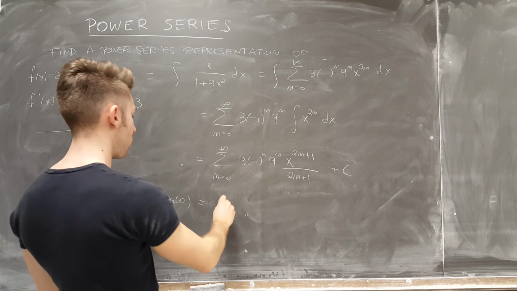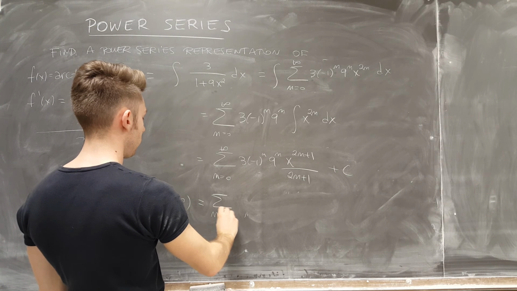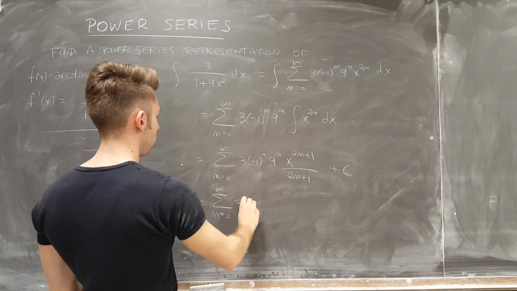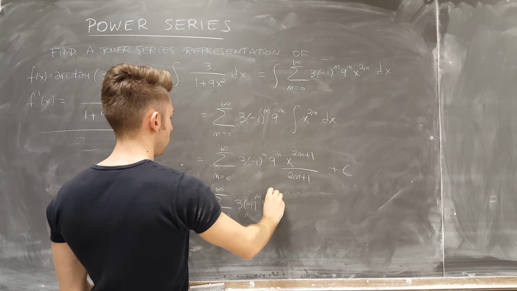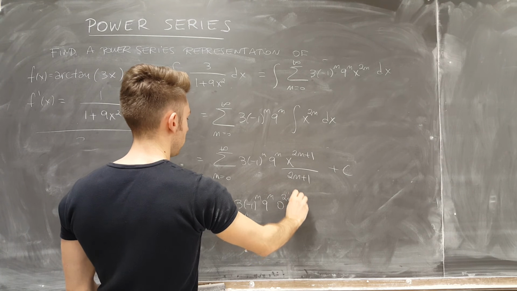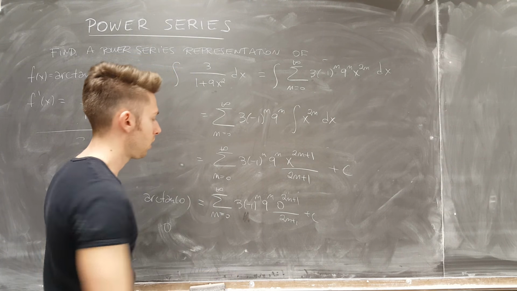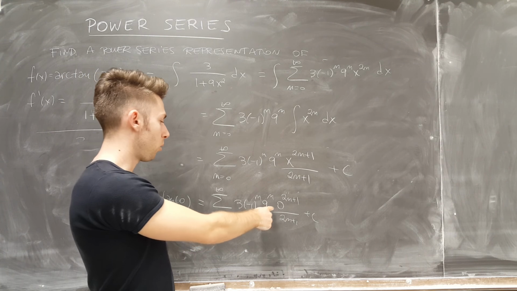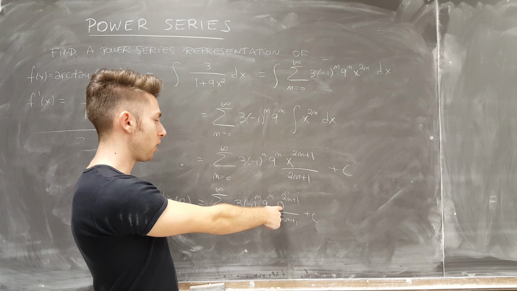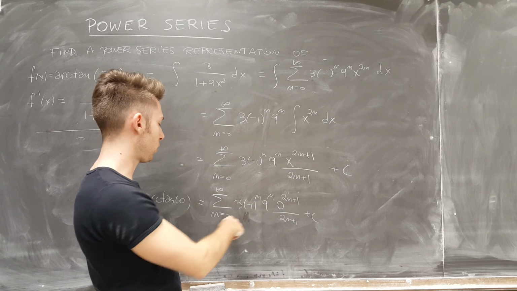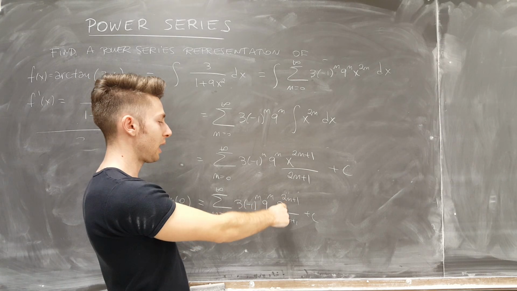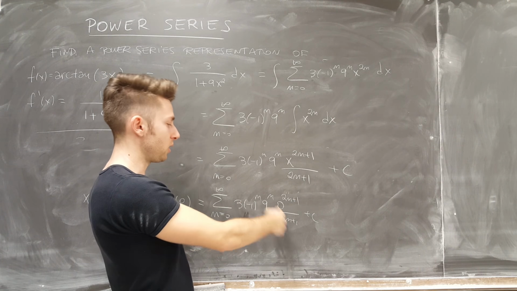So what happens when I put 0 in here? Well, here I'm multiplying by 0 to the 2n plus 1. So the first term, when n is equal to 0, I have 0 to the 1, which kills the term.